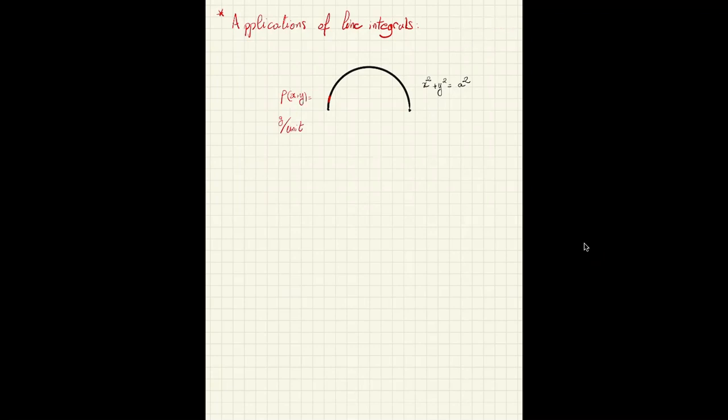So when you have such a function, you want to see what is the total mass. You do the same thing: you divide this wire into little pieces that you call ds. For each ds, you suppose that the function doesn't vary that much throughout the ds.